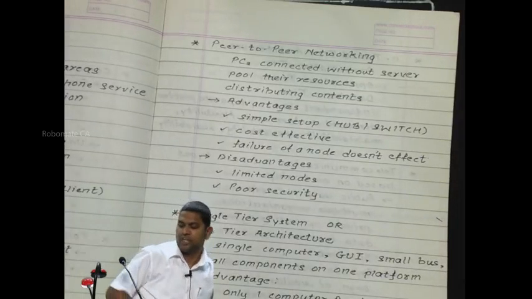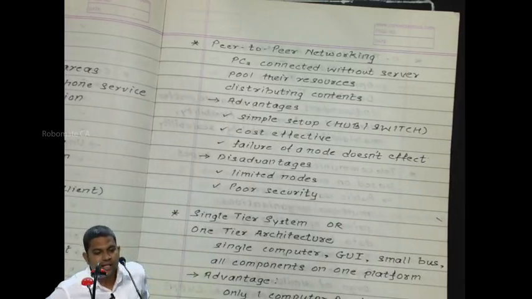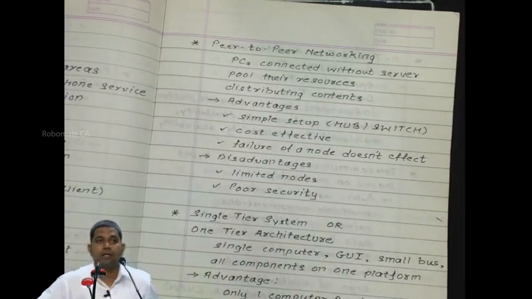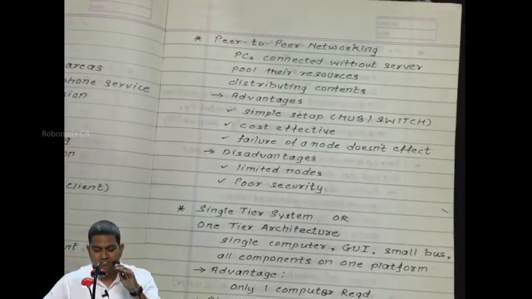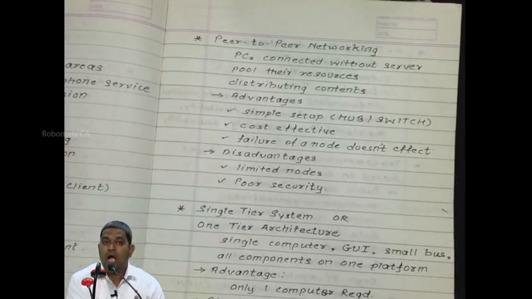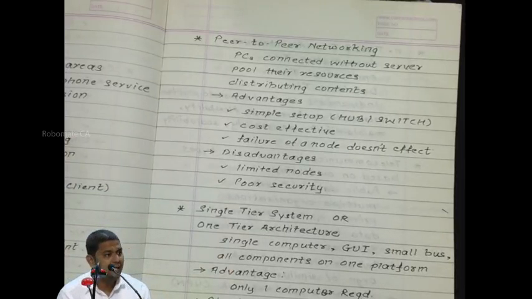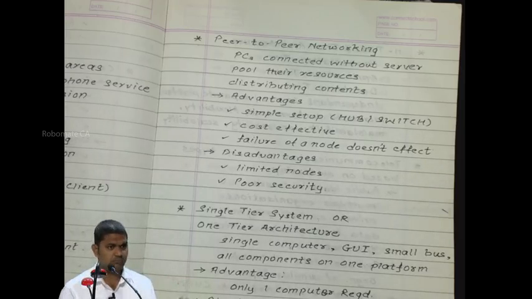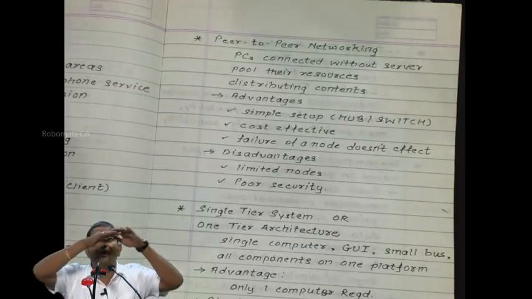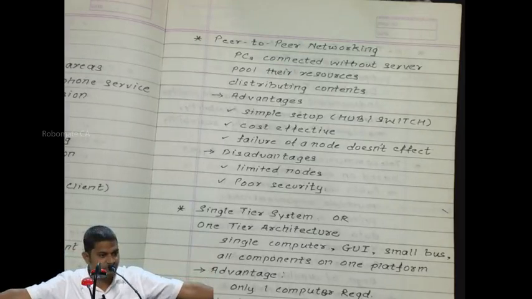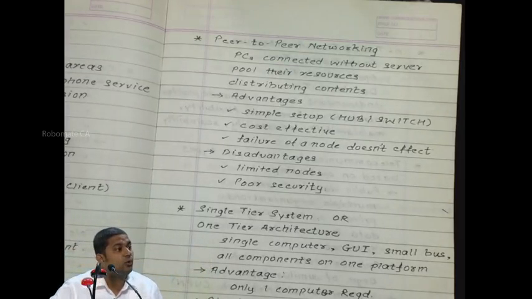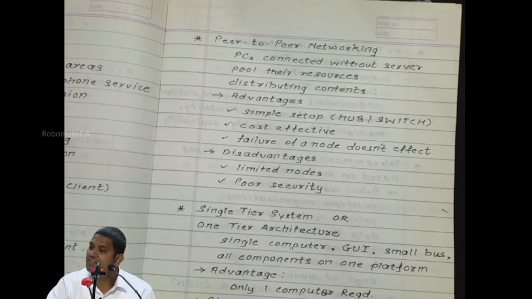Now, let's try to understand some technical details about this peer-to-peer networking. First and foremost, in a peer-to-peer network, the PCs are connected to each other without the server. Here, there is no dedicated server. All computers are connected to each other without a server.